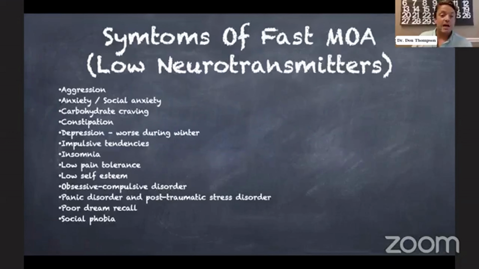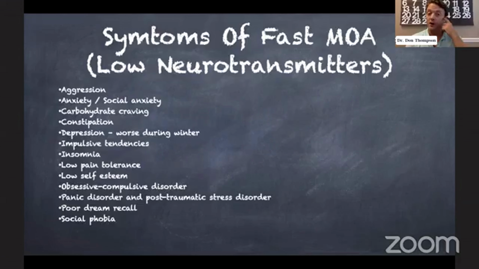So aggression, anxiety, antisocial behavior, carbohydrate craving. And a lot of times the carb craving will make you feel good for a little bit. You feel like, oh yeah, this is awesome, I love this carb. And then not so much later. Depression, worse during the winter months, impulsive tendencies, insomnia, low pain tolerance, which I find very interesting since I do see people with pain issues.